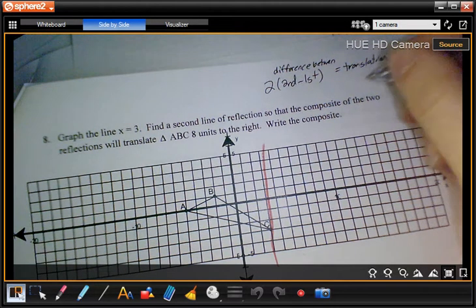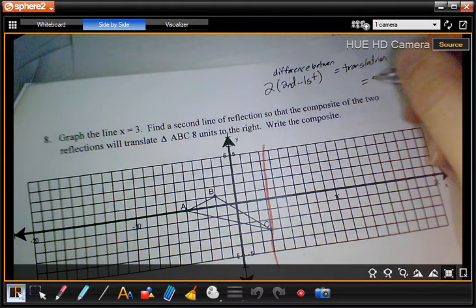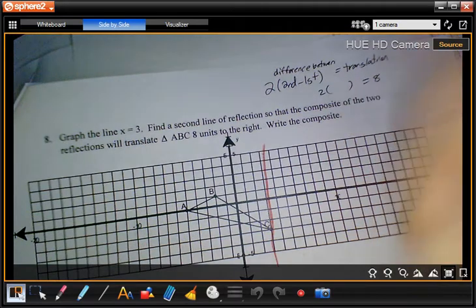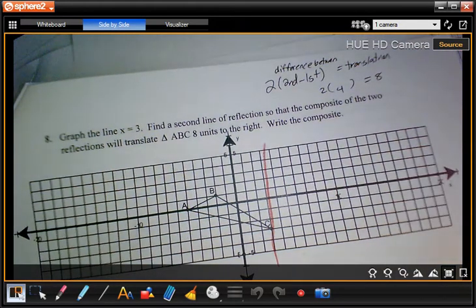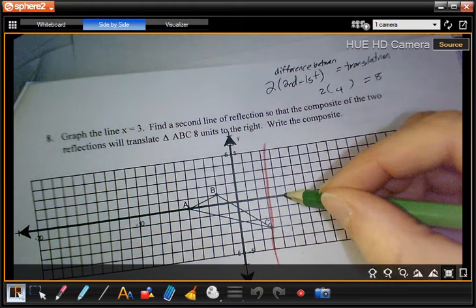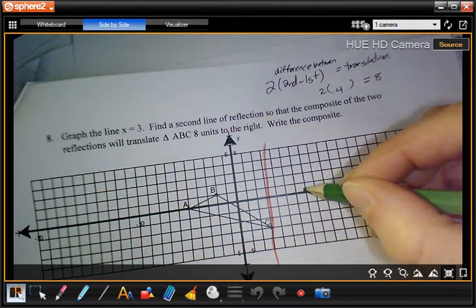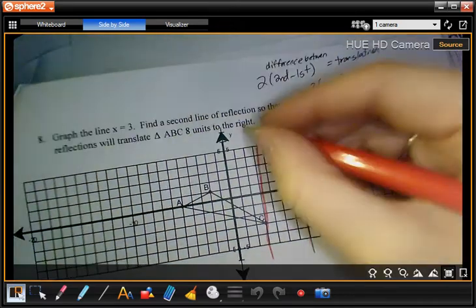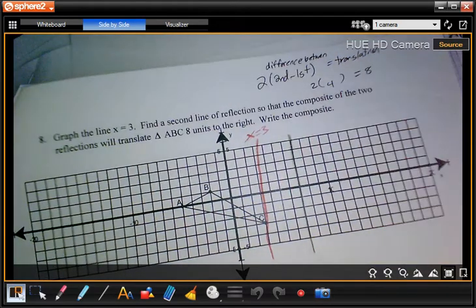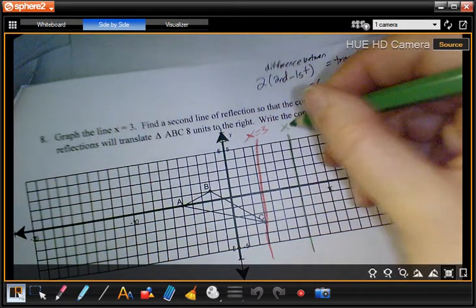So if my translation is 8, the distance between those two has to be 4. So if this is 3, my other one has to be 4 away, right? 1, 2, 3, 4. So this one right here is X equals 3. This one is X equals 7.